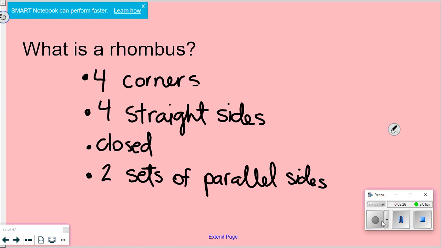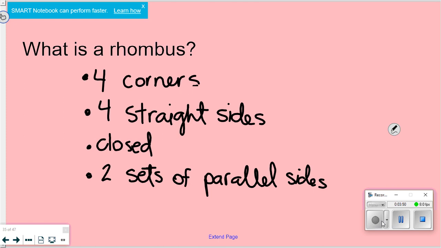They're the same distance apart. Mackenzie, what's up? No, that's not a rule of a parallelogram. So far, these are all the rules for a parallelogram.